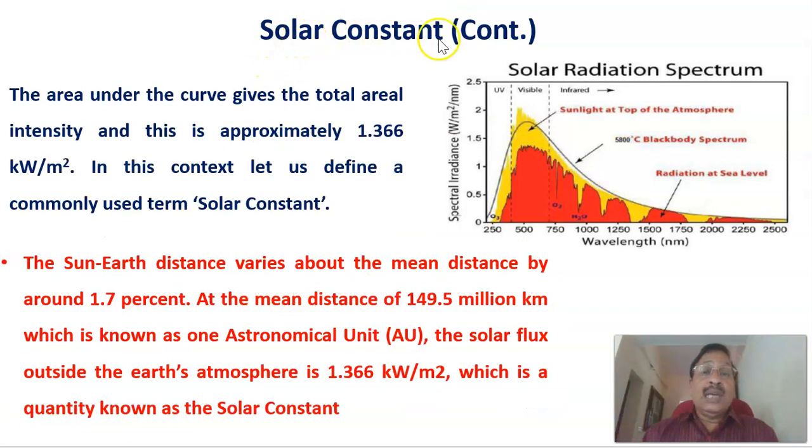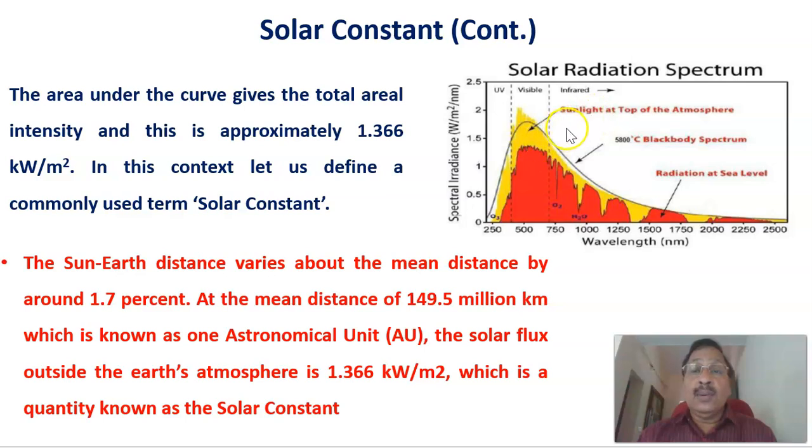Continuing the concept of the solar constant, from the solar radiation spectrum, which is a plot of solar irradiance, that is watts per meter square per nanometer versus wavelength. We have already seen this in the other presentation, part 1. This is the spectral distribution for different wavelengths.